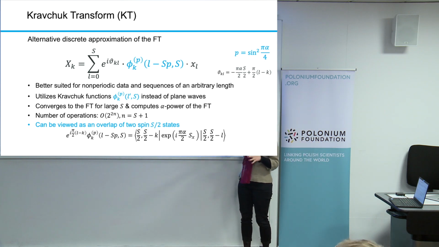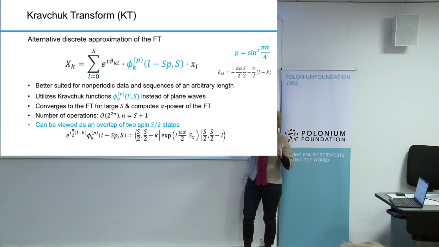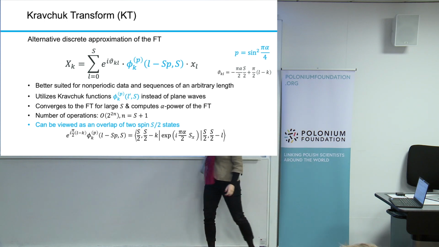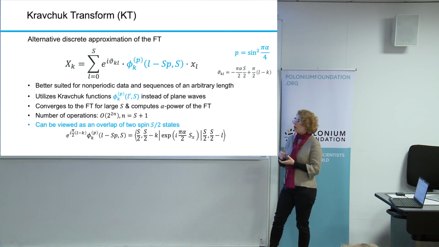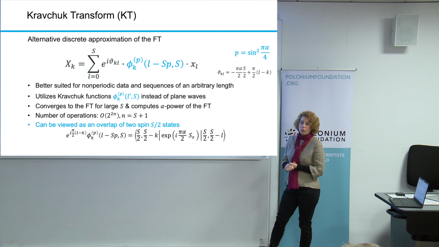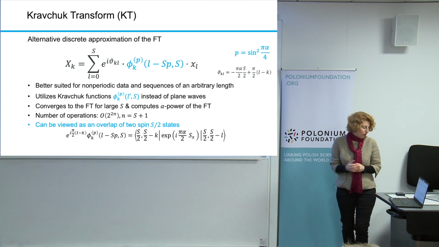For example, in the SZ eigenbasis, we have one axis of quantization which defines the eigenstates. So in this basis, we consider spin states. And if we apply a global rotation of this spin in this basis, and then we search for overlaps with the remaining basis states, then we will be able to compute the Kravchuk functions. And we will actually use this formula in our approach.